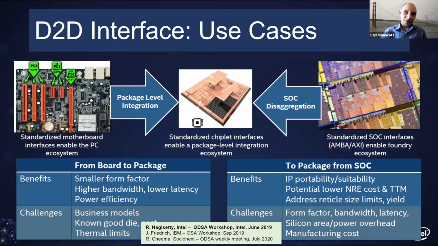If it's a die that you're breaking up, it's going to be an on-die bus, like an AXI bus from ARM, or, as RISC-V's architecture grows in popularity, the on-die RISC-V bus may be the mechanism. So the use cases tell you the mechanism by which logical information is exchanged between the die in a package.